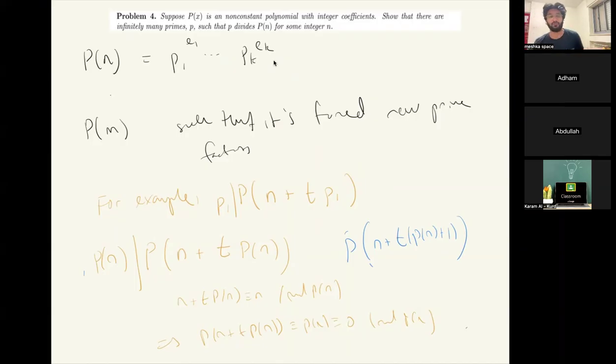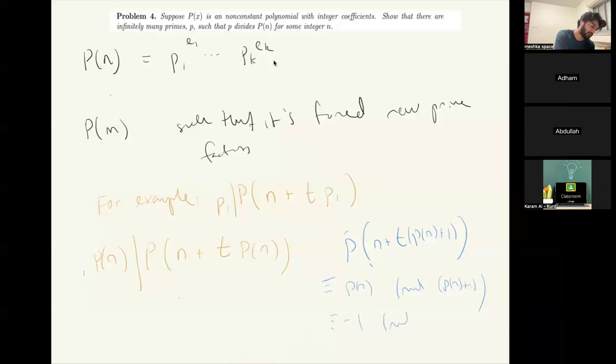Modulo P(n), if I did this, what I would get is that this is congruent to P(n) mod P(n) plus 1, which is congruent to minus 1.